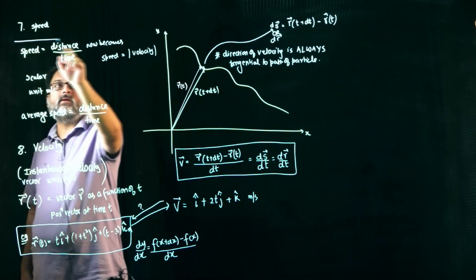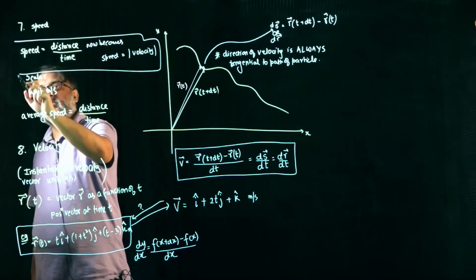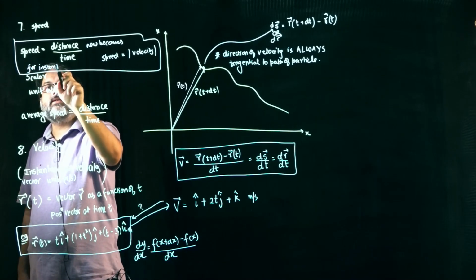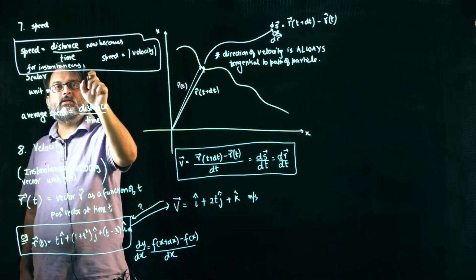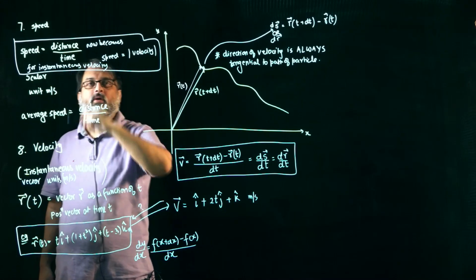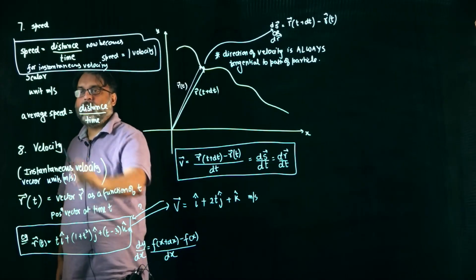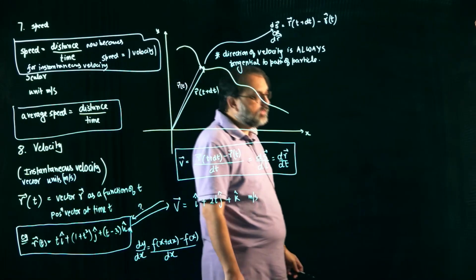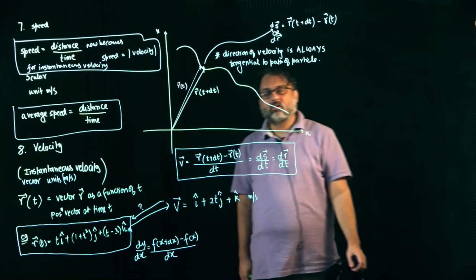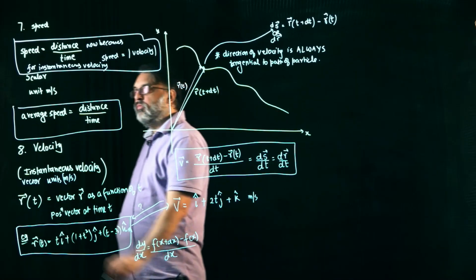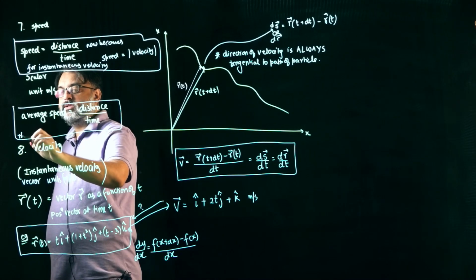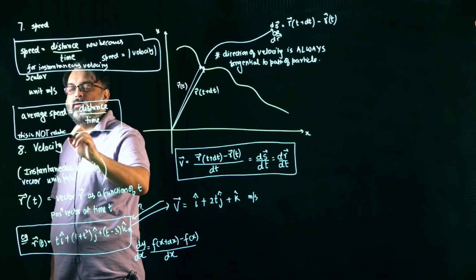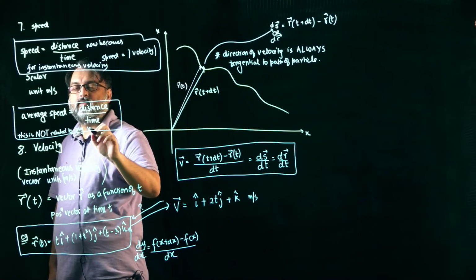This thing that I have written is for instantaneous velocity. मैं फिर से instantaneous word लिख रहा हूँ जबकि मुझे लिखना नहीं चाहिए, but this is for instantaneous velocity, and this is the average speed, right, which has got nothing to do with average velocity. Okay, average speed has got nothing to do with average velocity. This is not related to average velocity.